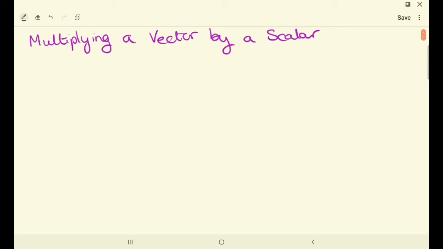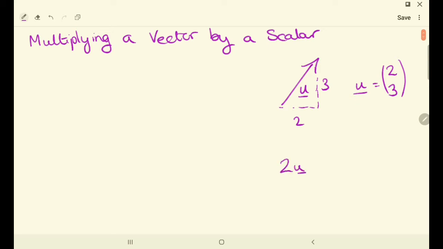So remember that we can have vectors such as u, and we know that u goes along 2 and up 3. So we represent this vector as u equals 2 along the x, 3 on the y. But then we can also have things like 2u. I've got to think about what that means.